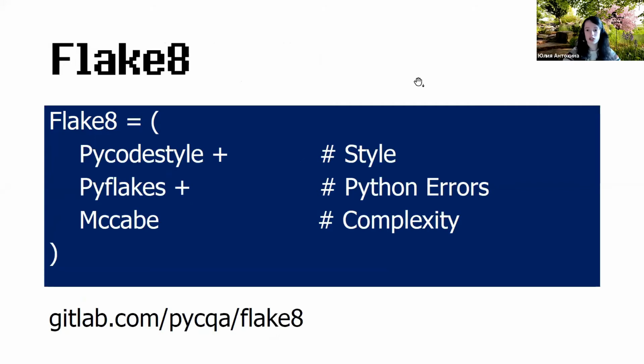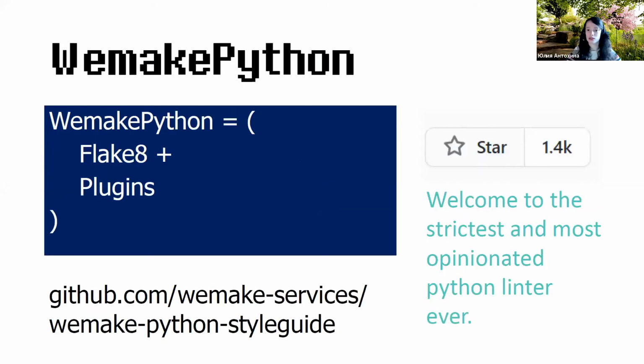Next stage, we found out that there is a nice plugin on top of flake8 called WemakePython, and it says that it is the strictest and most opinionated Python linter ever.